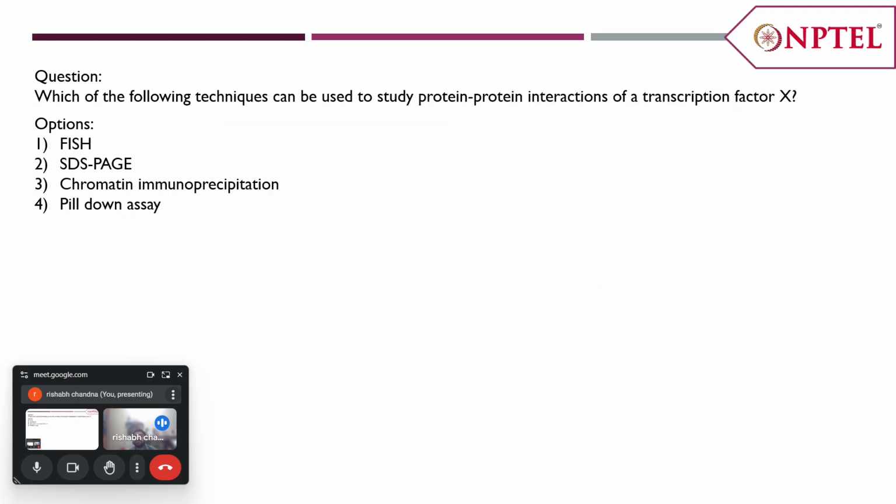Which of the following techniques can be used to study protein-protein interaction of a transcription factor X? FISH or fluorescence in situ hybridization, SDS-PAGE, chromatin immunoprecipitation, or pull down assay. What can be the correct answer?